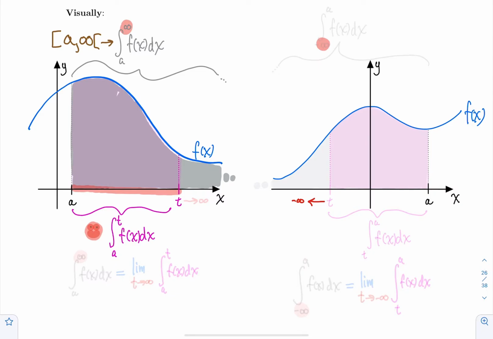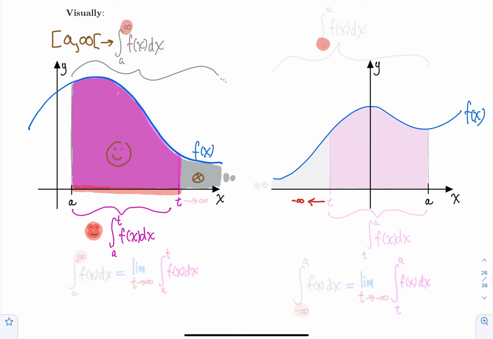Here, just to illustrate what we can compute first, I decided to represent this region in purple. Boom. So here's my region, and I know how to compute this. But of course, the area of the purple region is not the same as the area of the gray region. We're missing a little chunk.